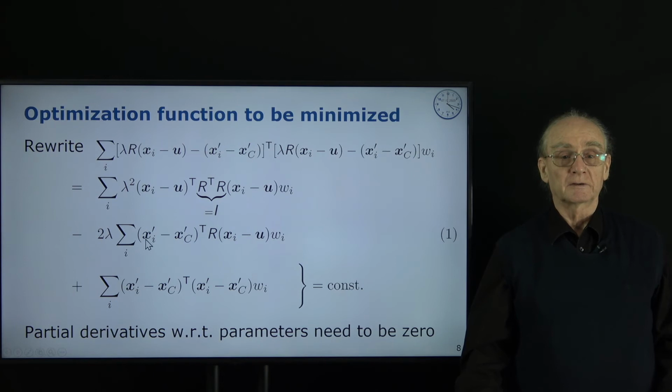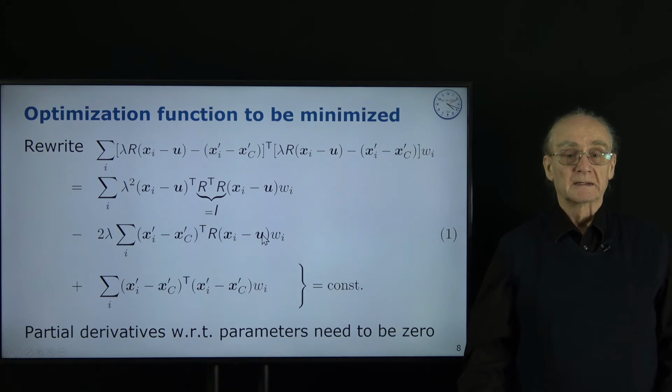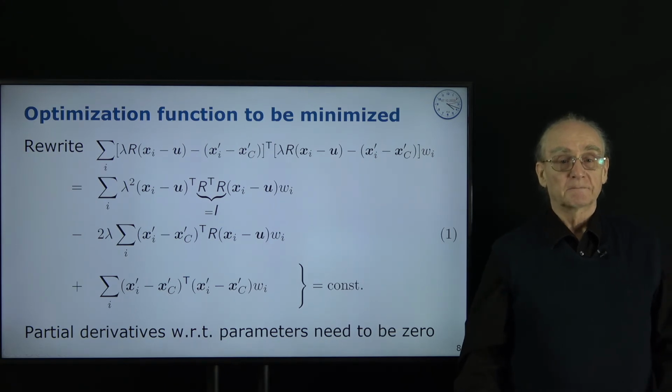So we have here the centered coordinates of the observed points, and here the centered coordinates of the given points, because U is the center of the given points. And now this expression has a minus sign here. That means if we have to minimize the sum of all the residuals, we have to maximize this expression of the sum.